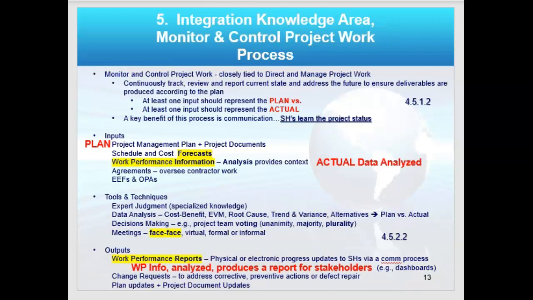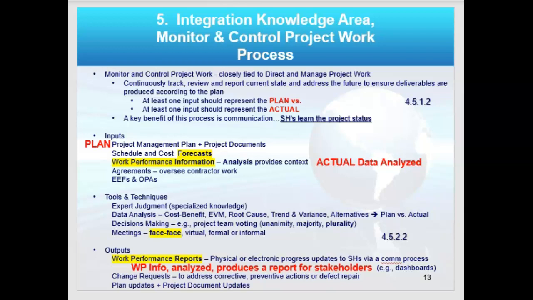Now, the fifth process is monitor and control project work, right? And this is where I compare my plan that I built in 4.2 with my actual results, that work performance data, which is an output of 4.3 direct and manage project work.